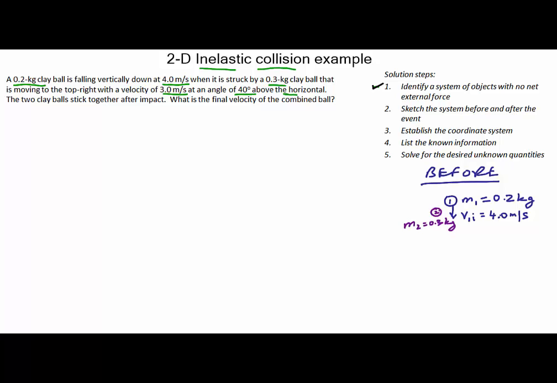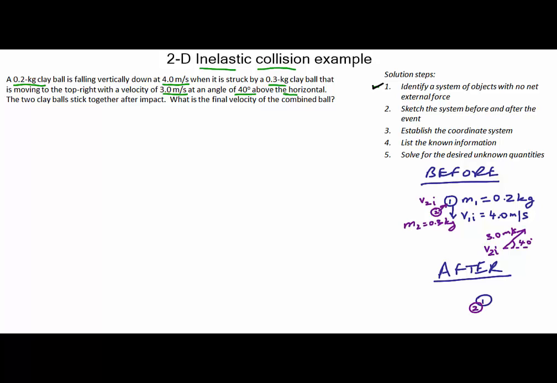And it has an initial velocity that points to the top right like that, call this v2i. And I'm going to reproduce that over here. v2i looks like this, where it's got a magnitude of 3 meters per second at an angle of 40 degrees above the horizontal.